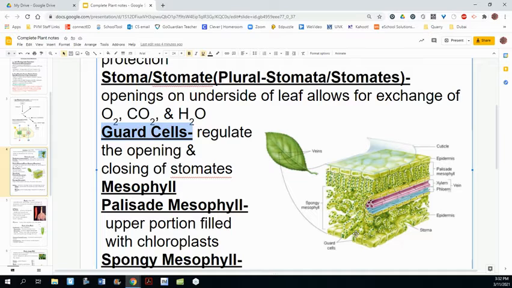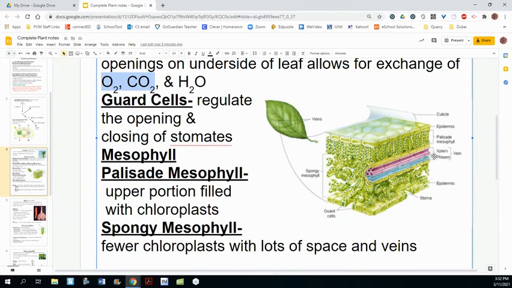But as a plant starts to dry out, if there's less water available, those guard cells get a little floppy and softer and they close. That shrinks the size of the stoma and reduces the amount of gas exchange, which slows down photosynthesis. So guard cells have the ability to decrease the amount of photosynthesis that a plant is actually doing.